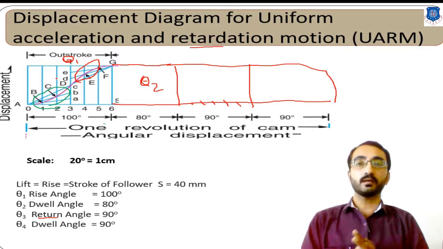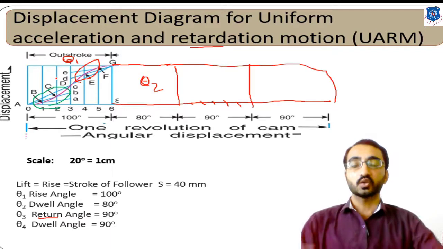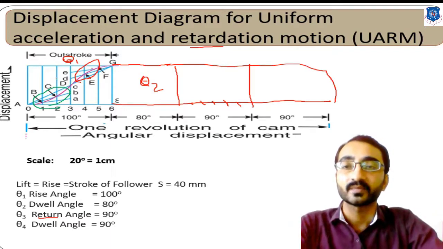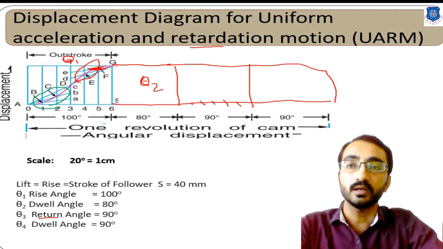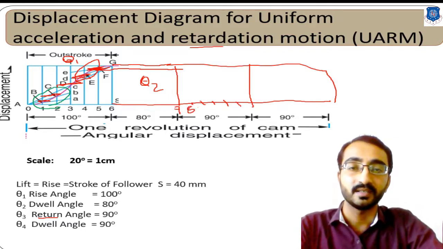Now how can we plot in the shortcut method? Simply extend the points which you obtained previously in your first phase, the theta 1 phase. Now extend this line which is like this. First extend the horizontal division, that is 7.